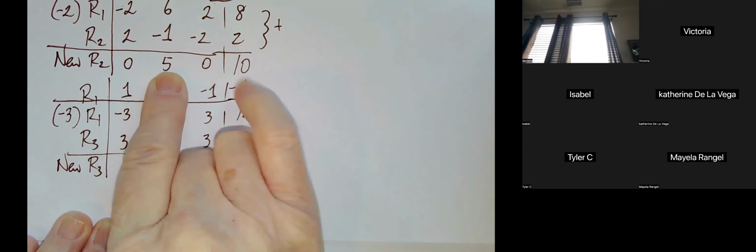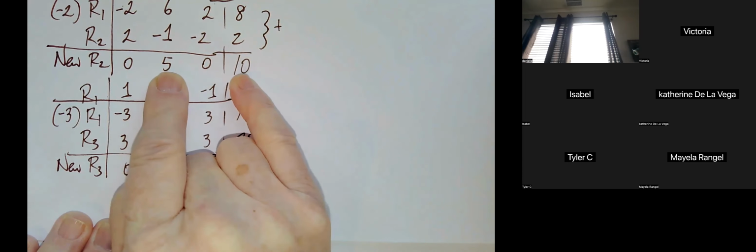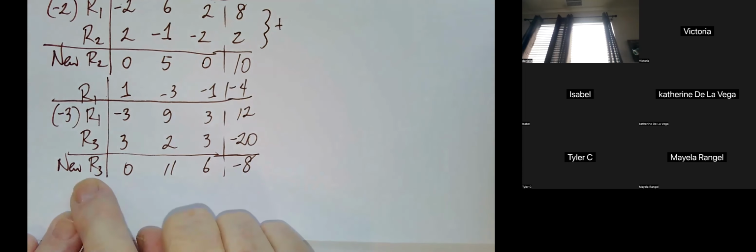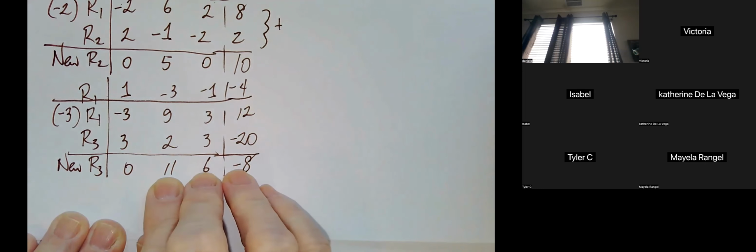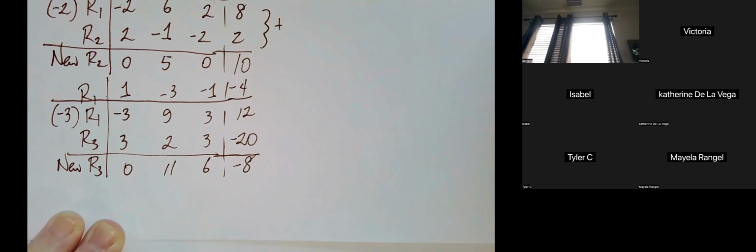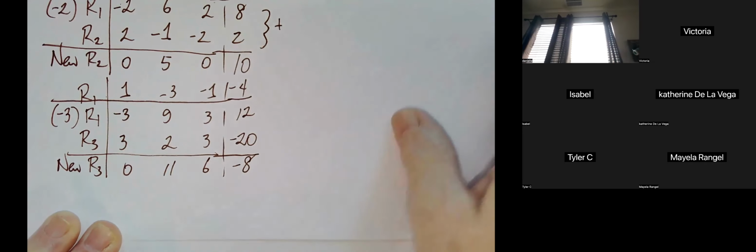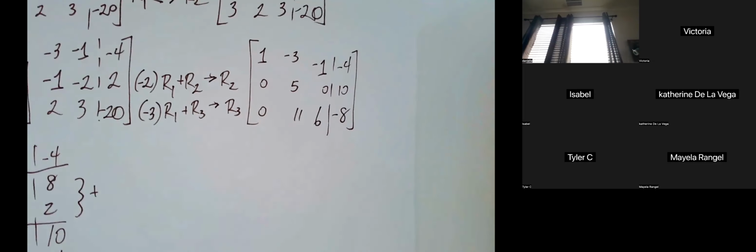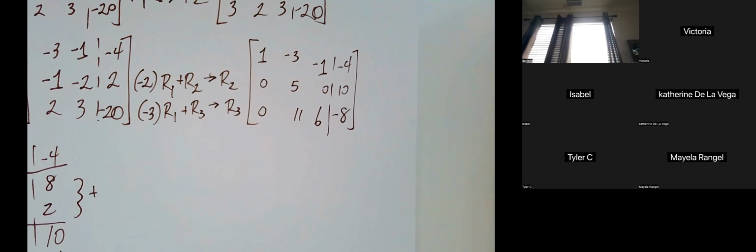The new R2 only had 2 entries that weren't 0, whereas the new R3 has 3. So we know that R3 still has work to be done on it. All right, so we've got 0, 11, 6, -8. And what's our next goal? To make 11 a 0.